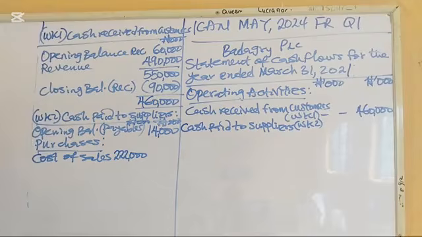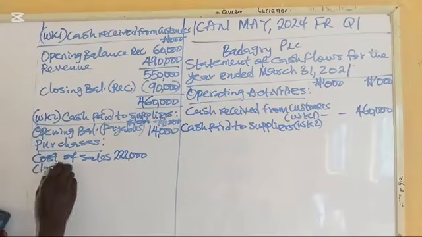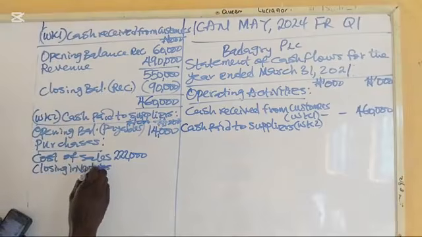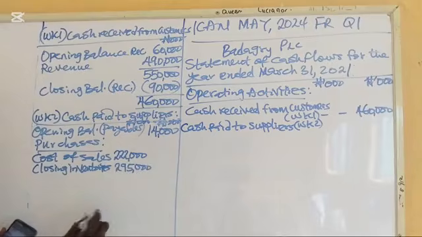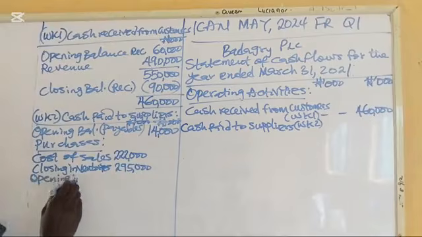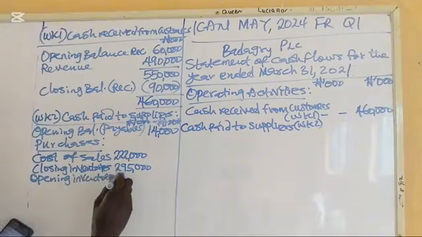How much is the closing inventories? 295,000. Subtract the opening inventories, minus opening 120,000.